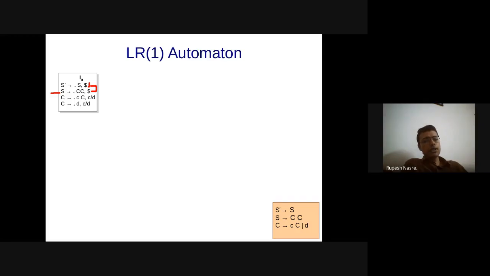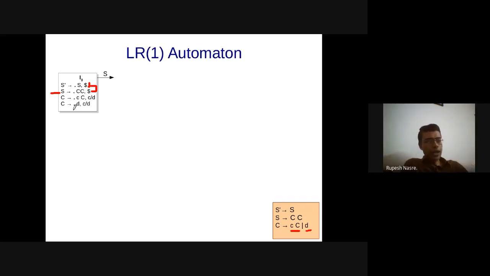What is derivable from C1? Our grammar tells: .C, capital C, and .d are the ones derivable from C1. So C1 derives .Cc and C1 derives .d. This part without the lookahead is the same as what we have in the LR0 automaton.